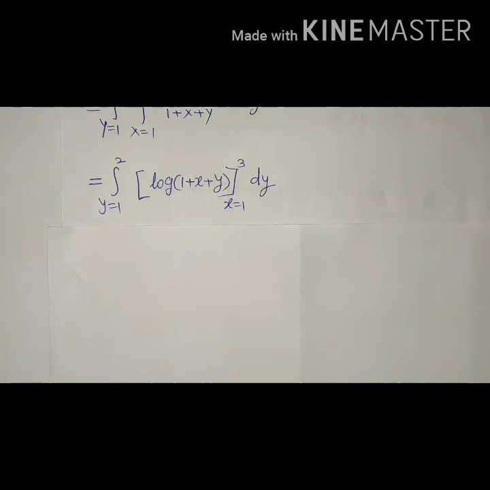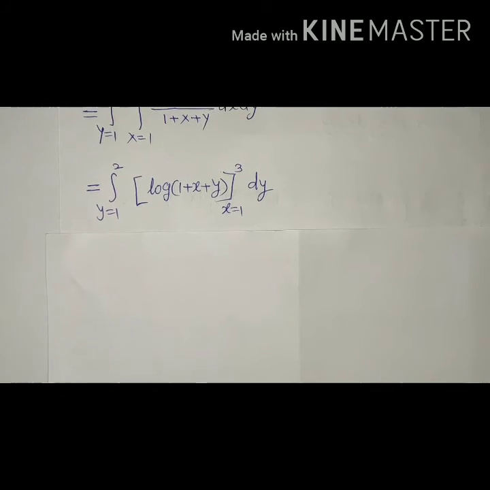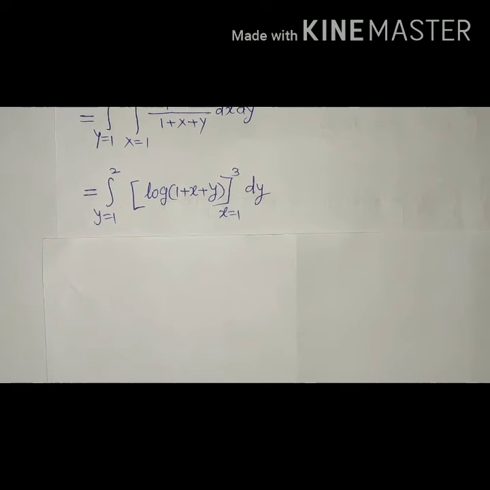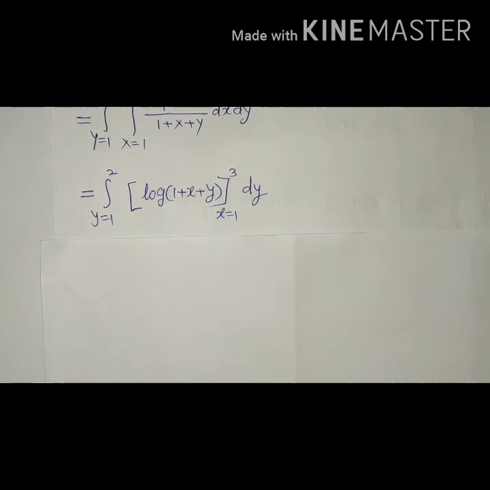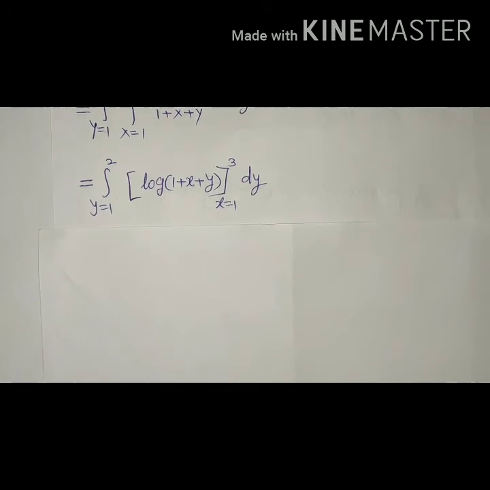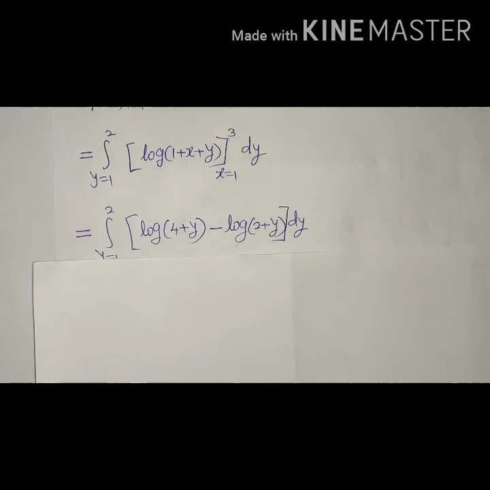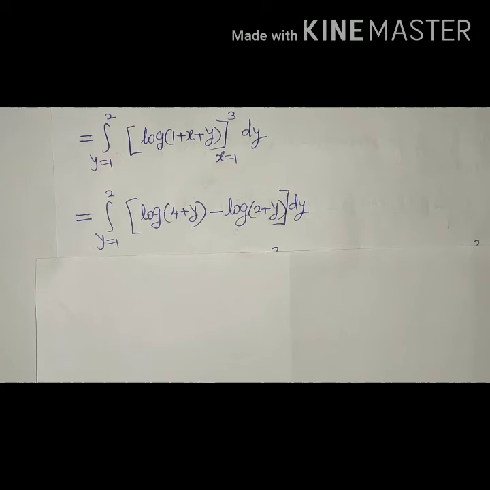It becomes log of 1 plus x plus y. Limits of x vary from x equal to 1 to x equal to 3. Outer integral as it is. Now let us substitute the value. Outer integral as it is. Upper limit is log of 1 plus x plus 1 plus value of x is 3 plus y. So it becomes 4 plus y. Minus lower limit log of 1 plus y, that is 2 plus y.